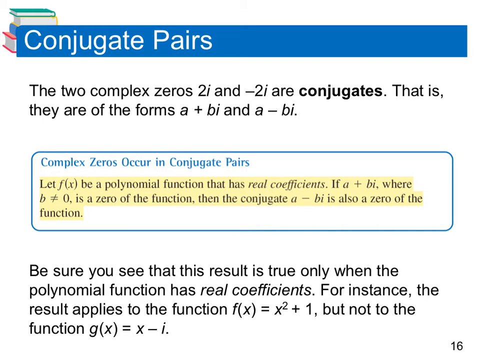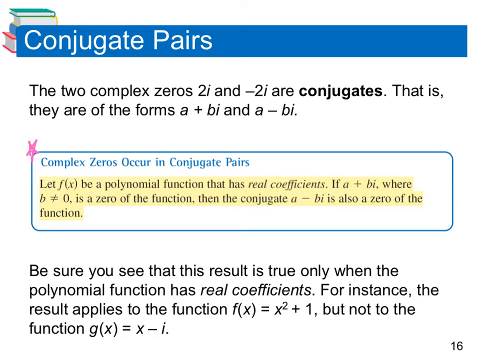So the two complex zeros, 2i and negative 2i, are conjugates. That is, they are the forms a plus bi and a minus bi. Super important here that the complex zeros occur in conjugate pairs.